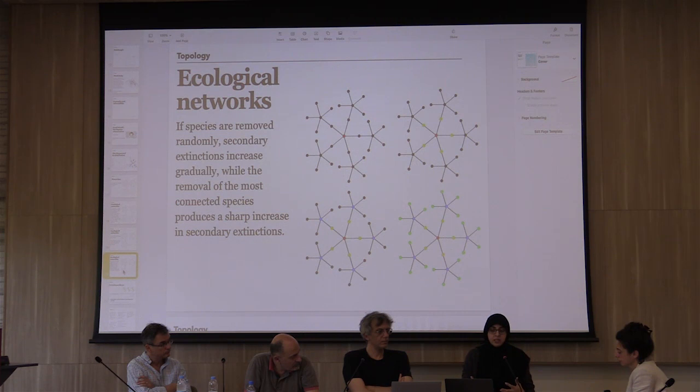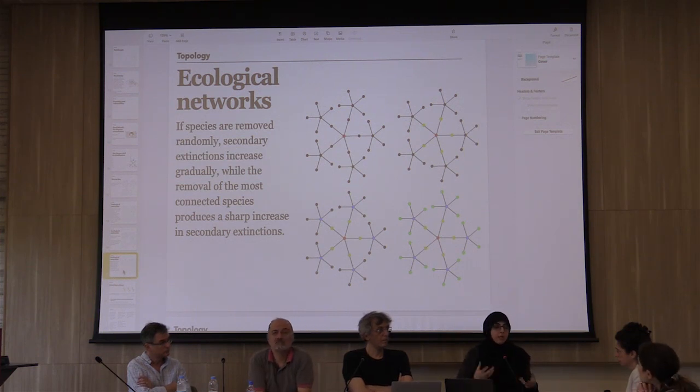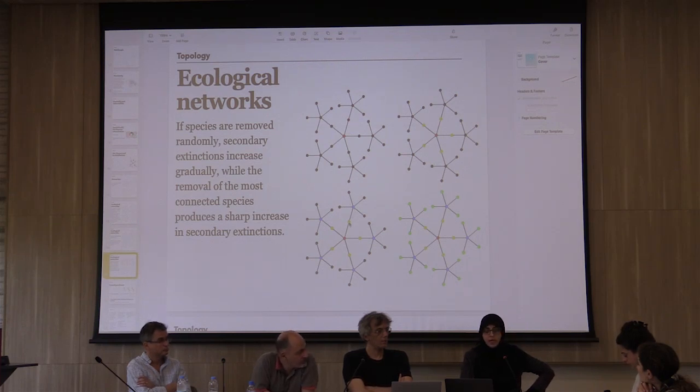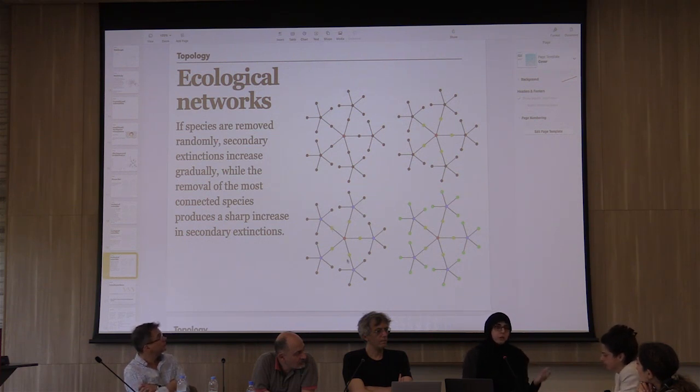If you look at the damage incurred on such a network, it is minimal compared to nodes that are very central. So if you kill off the most central node in this network, the damage is going to be huge. But you can also argue that, okay, if I started off with the yellow, and then I moved to another yellow, and then back to another yellow, I can pretty much incur the same damage as killing off the red one. So the sequence in which these extinction events are happening is very important.